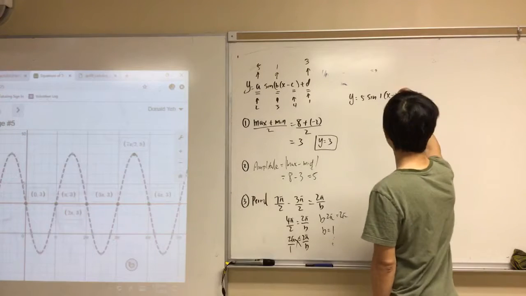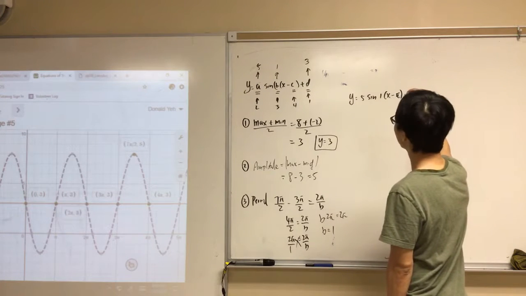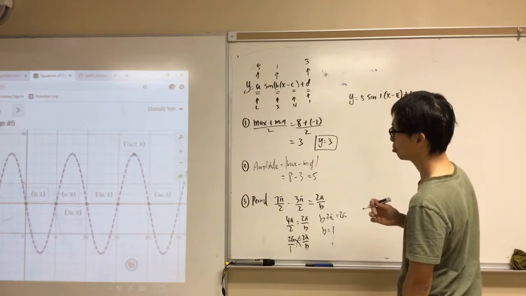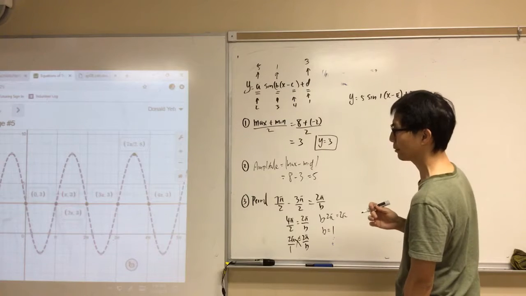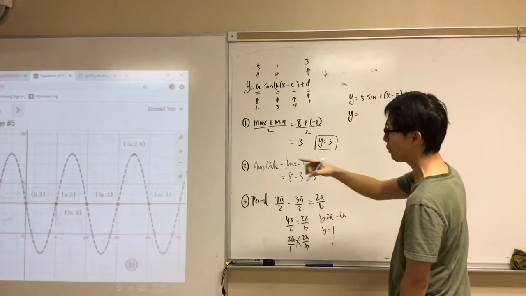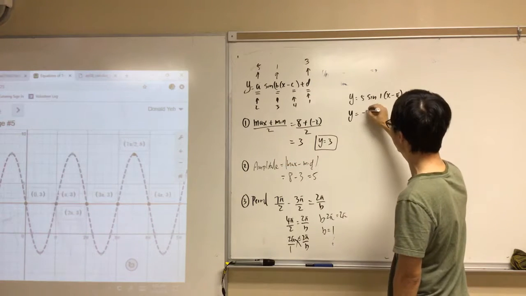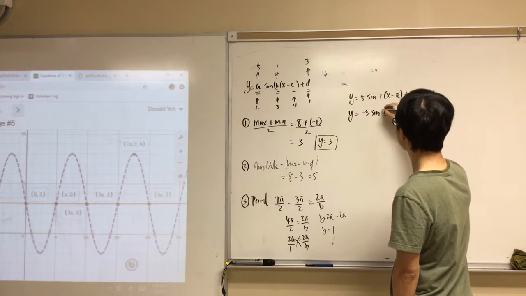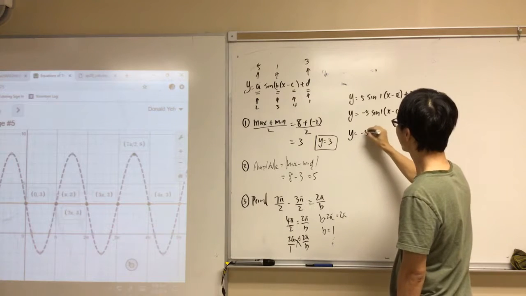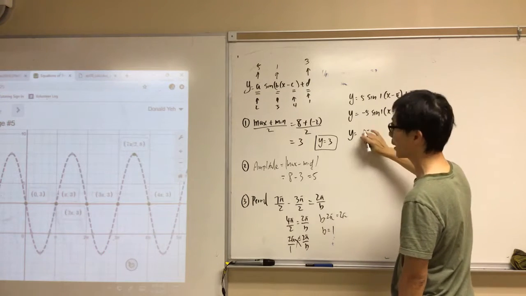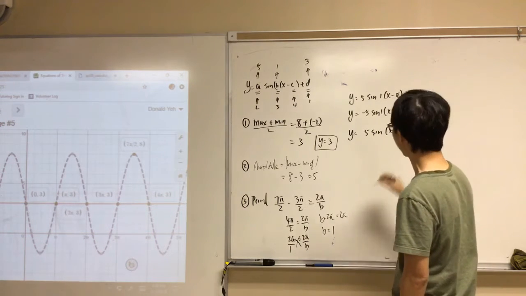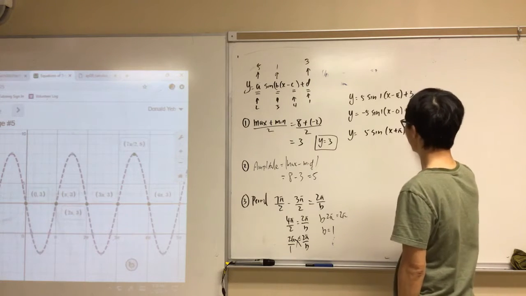So x minus pi, and then plus 3. Mister, isn't it negative 5 because it's going down from the midline? No, because he did pi. Yeah, so if I were to choose a different one, if I were to choose the origin, it's going to be negative 5 sine of 1x minus 0 plus 3. So there are an infinite amount of answers. I can pick negative 5, or I can pick positive 5 again, sine of x plus pi, plus 3. So they are the same answer.